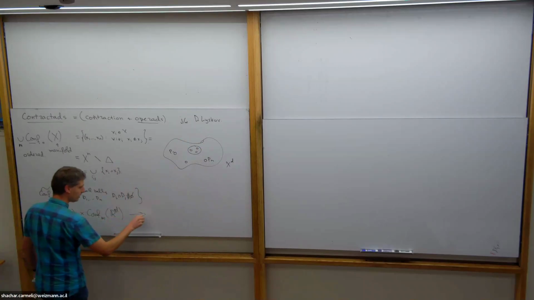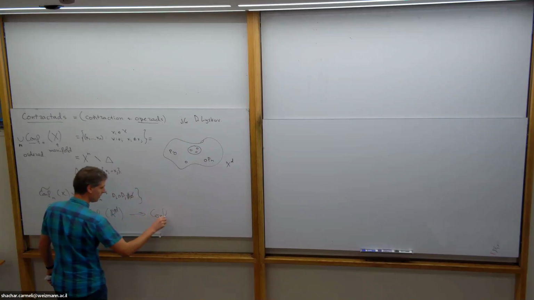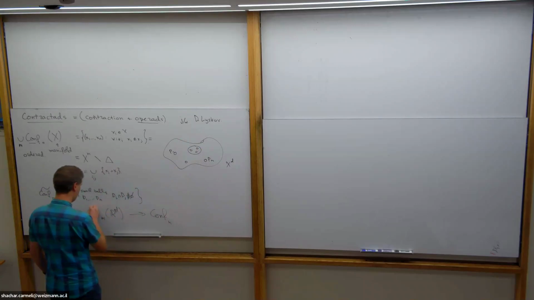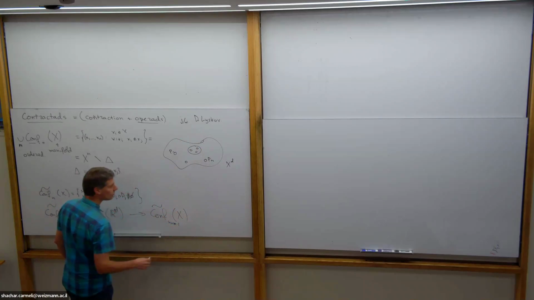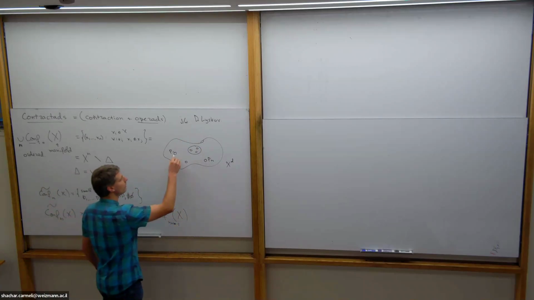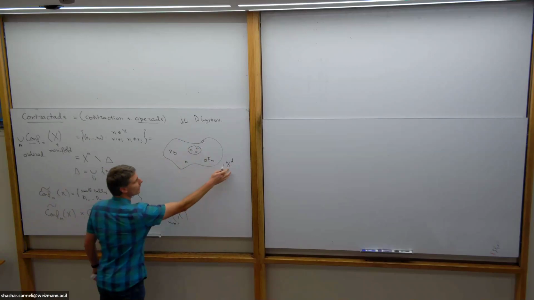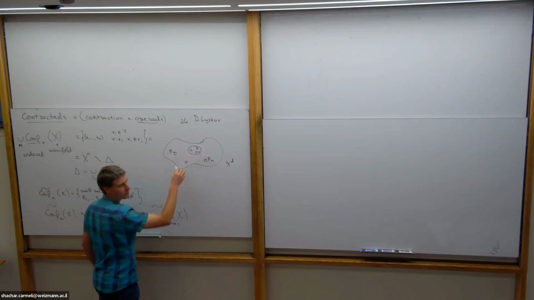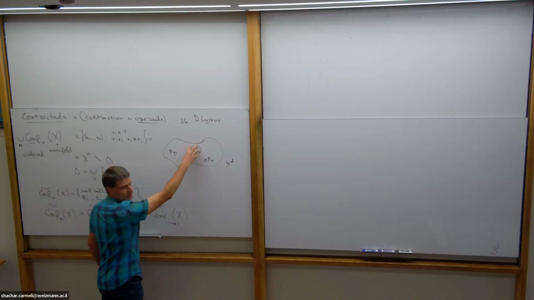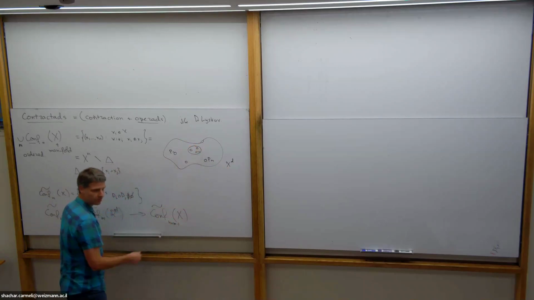Then there's a map to Conf tilde of X, and here n plus m minus 1, right? If I have 1 up to n points on X, and here 1 up to m points inside, one of the points was replaced by m points, so n plus m minus 1.